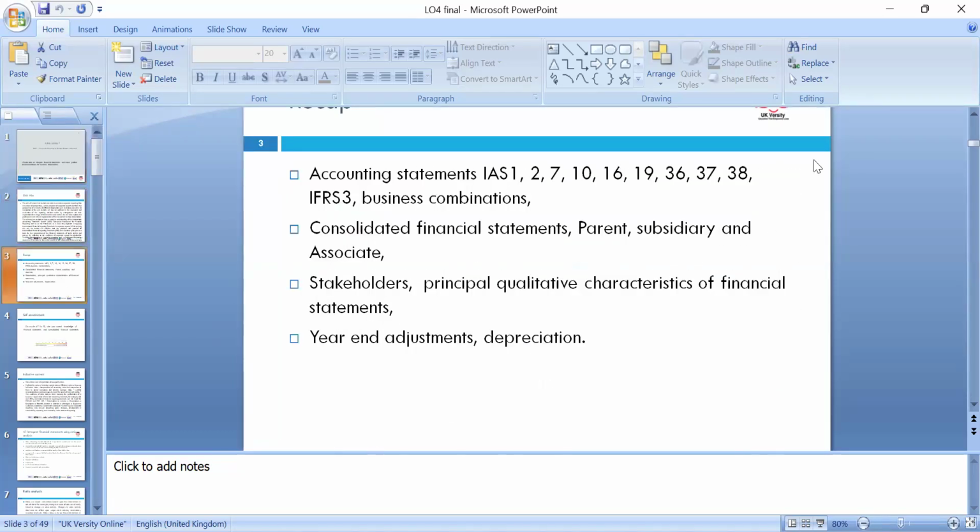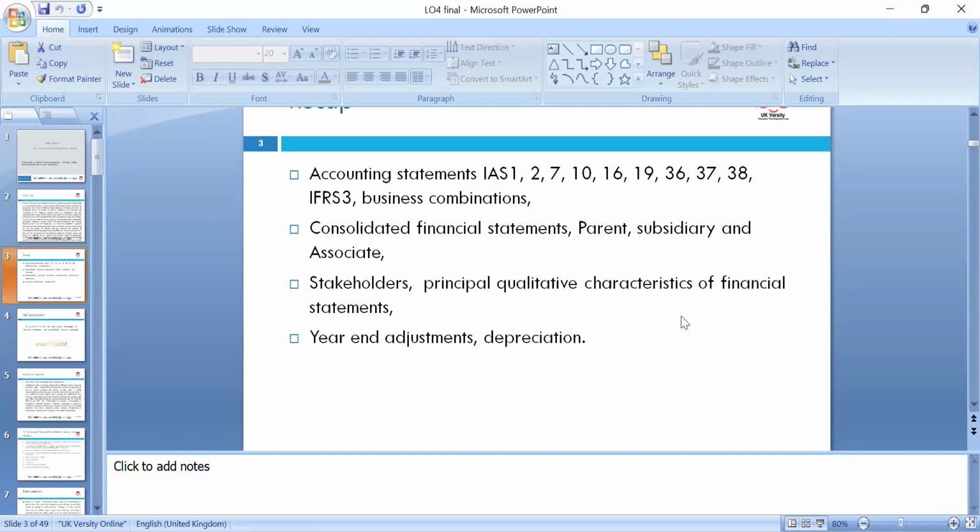During our previous lesson, we learned about accounting statements: the statement of comprehensive income, statement of financial position, statement of cash flow, and statement of changes in equity, and we prepared them under IAS 1. We discussed inventory under IAS 2, where inventory needs to be recorded at the lower of cost or net realizable value.